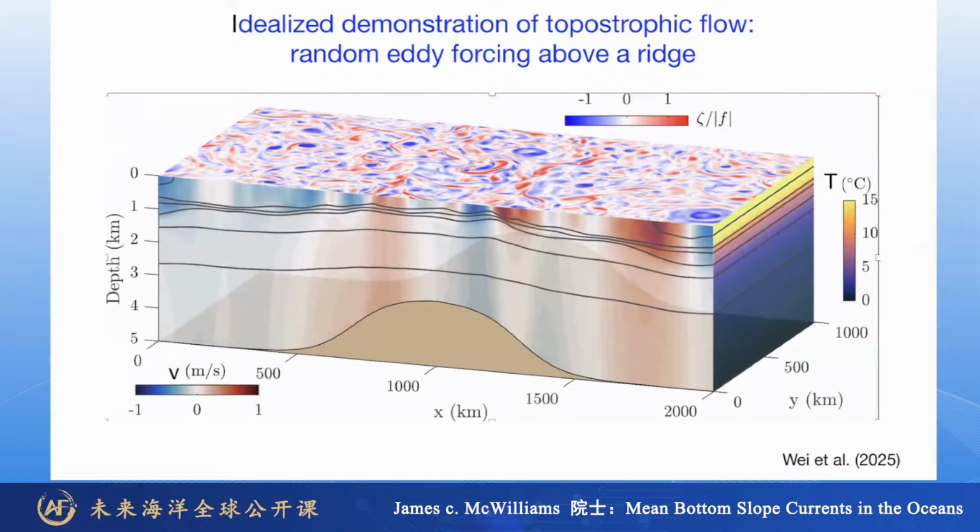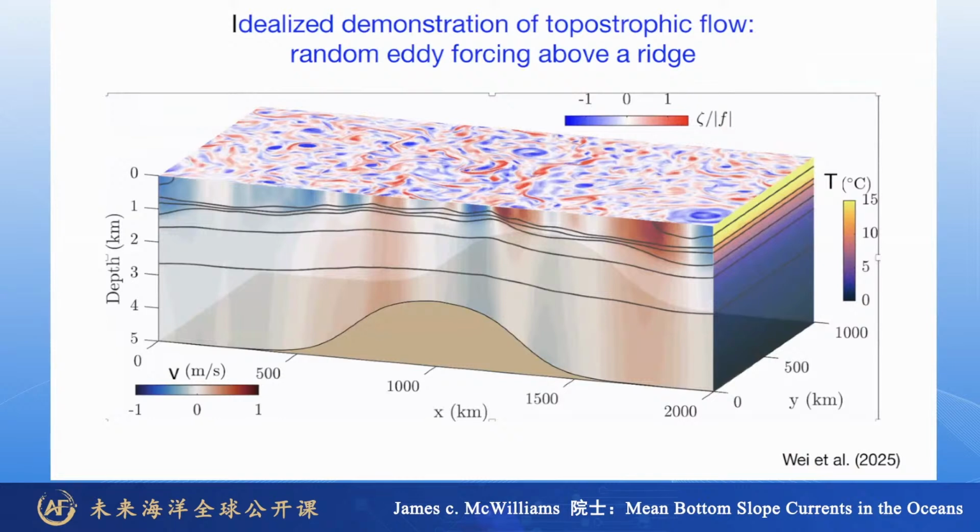On the front face of this diagram, you see a along slope flow instantaneously, and it consists of mesoscale eddies that extend down into the interior. They are surface intensified, associated with the shallow pycnocline stratification, and the fact that the forcing, the eddy generation, is near the surface.